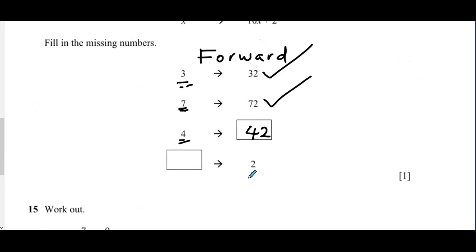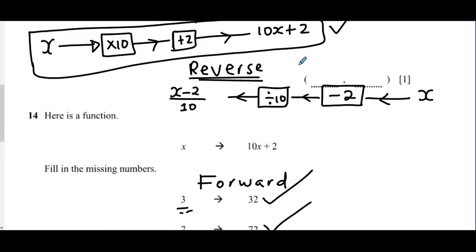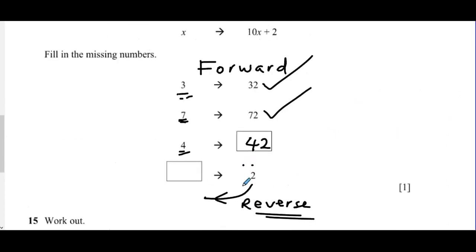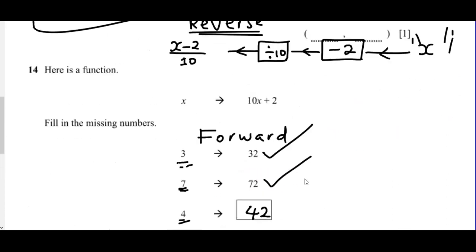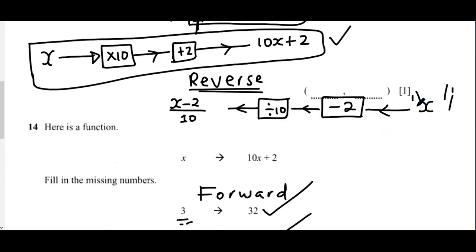How about this? This you need to work in the reverse process. Now, how do we reverse the process? I have done it for you here. This is the reverse. You see that? So this is 2. You'll be taking this 2 and putting it there.